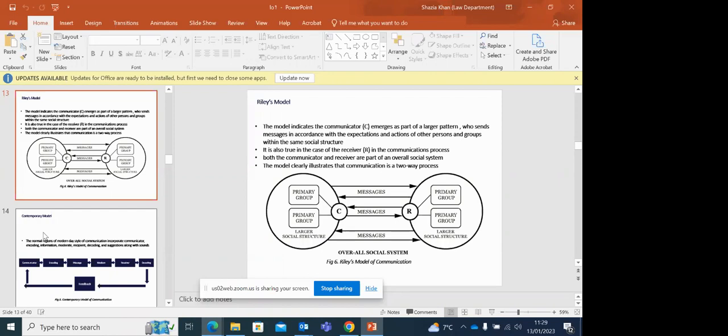Both the communicator and the receiver are part of an overall social system. The model clearly illustrates that communication is a two-way process. So you've got the primary group, and then the message from one person to the next primary group, and then it's back and forth, from the communicator to the receiver in Riley's model.